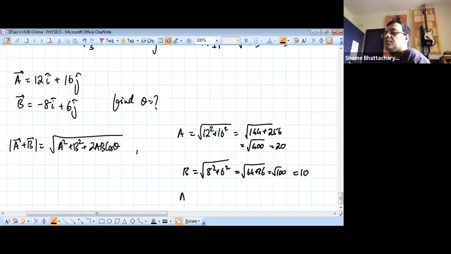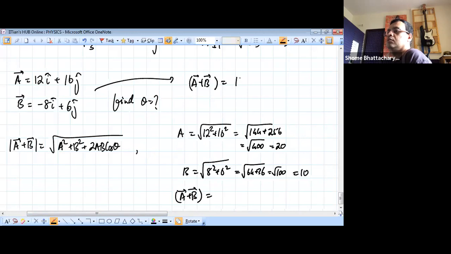And A plus B. First to calculate how much is A plus B from here. It is 12 minus 8 plus 16 plus 6. So that's 4 i cap plus 22 j cap.